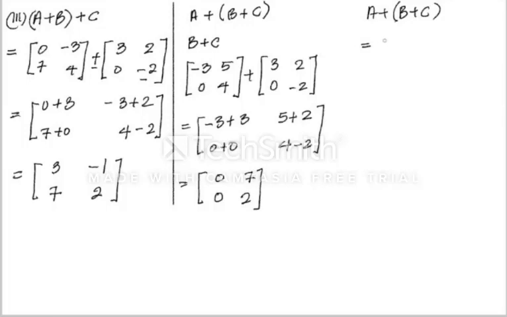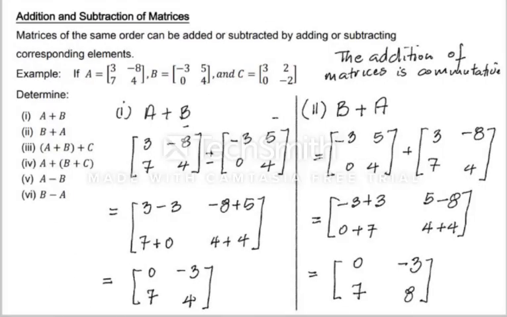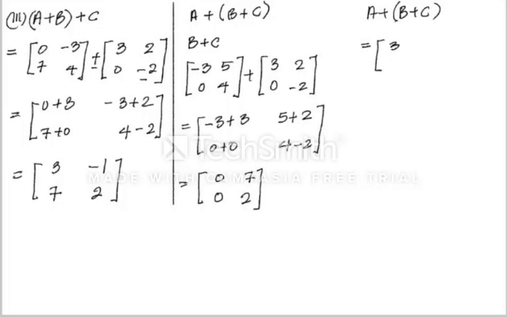So A is what? Let's go back and have a look at A. A is 3, 7, minus 8, 4. Plus B plus C, which is 0, 0, 7, 2. So we add matrices by adding corresponding elements.